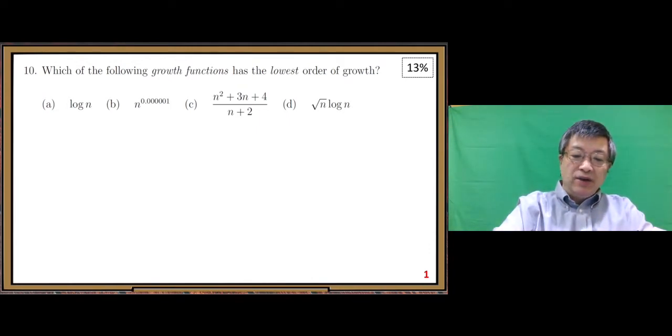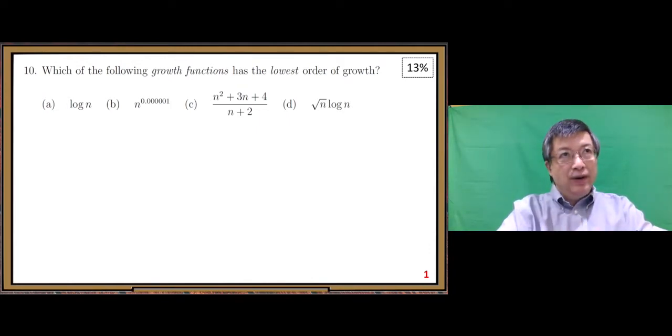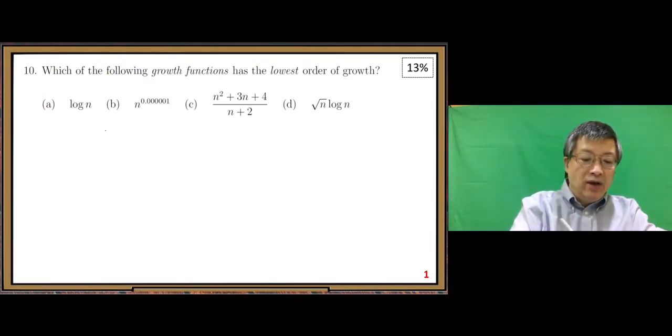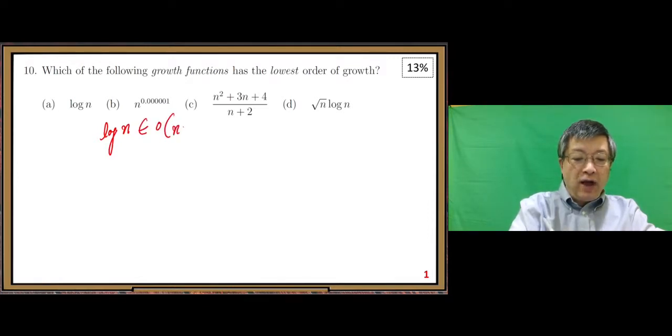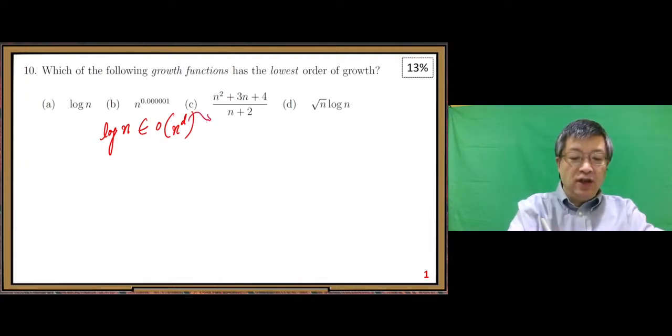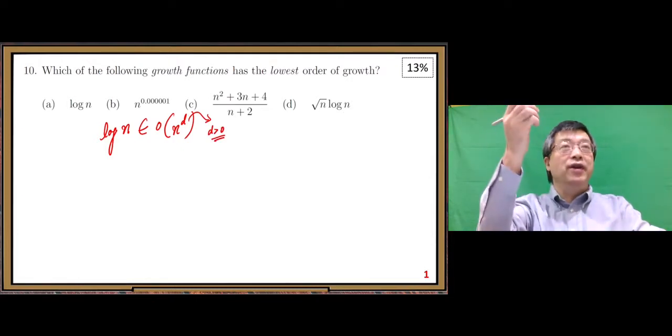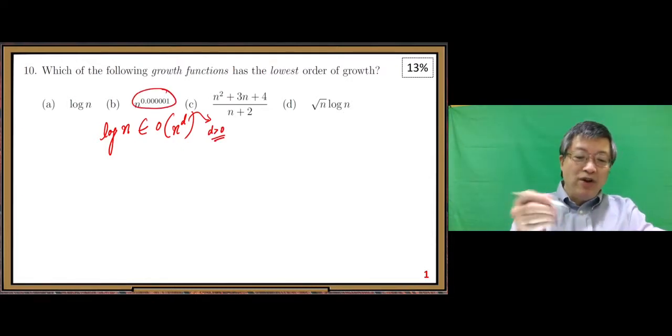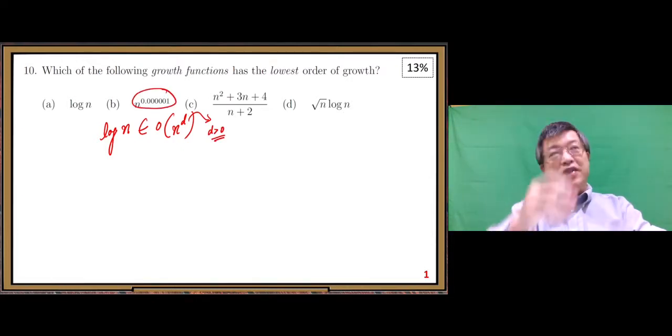All right, so the growth function. Remember, I mentioned that we have the result in class little o of n to the d, for any positive d. We only need d greater than 0, and this small number satisfies that condition.